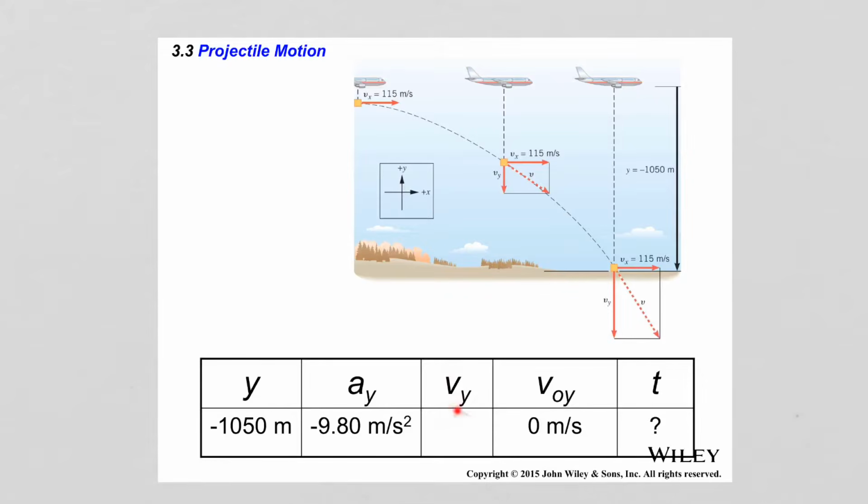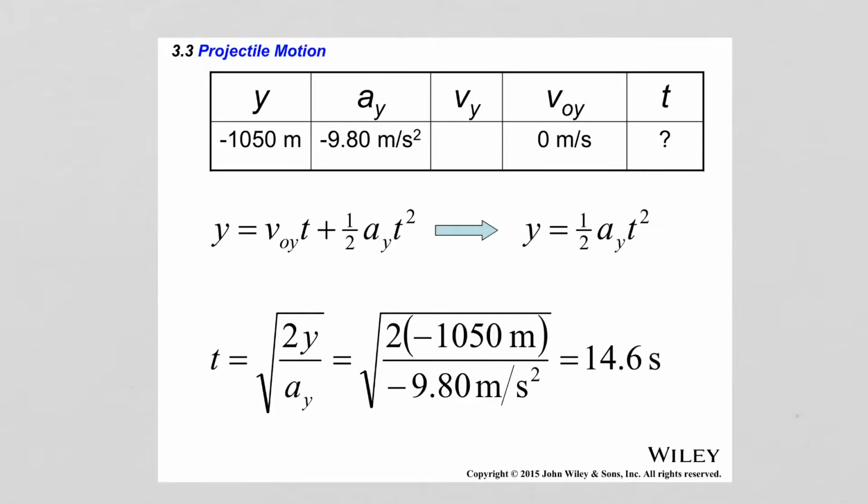I don't know the y component of the final velocity. I know that the y component of the initial velocity is 0 because initially the package is moving horizontally. And what I'm looking for is the time it took the package to hit the ground. And so based on the information I have, which is the vertical displacement, the acceleration, initial velocity, I can calculate the time using this kinematic equation.